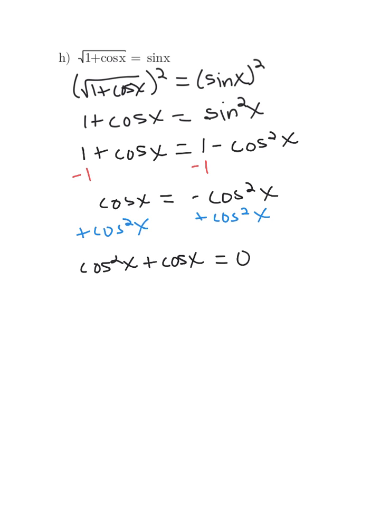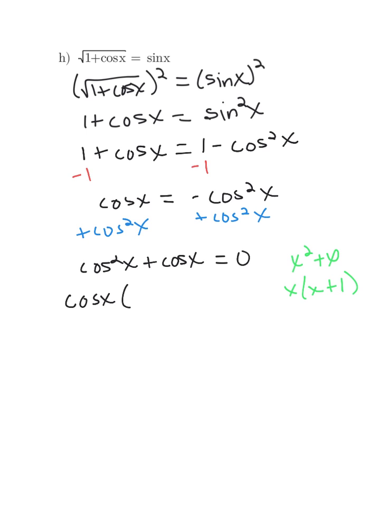If you had x squared plus x, you can factor out an x and make it x times the quantity x plus 1. We are going to do exactly that same thing here, but we are going to be doing it with cosines. So we are going to factor out cosine x.